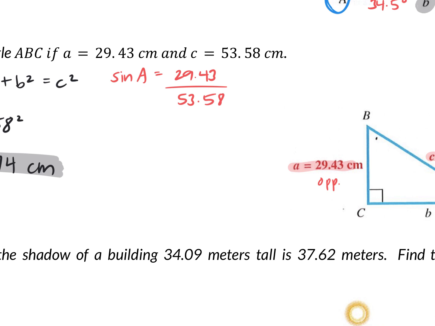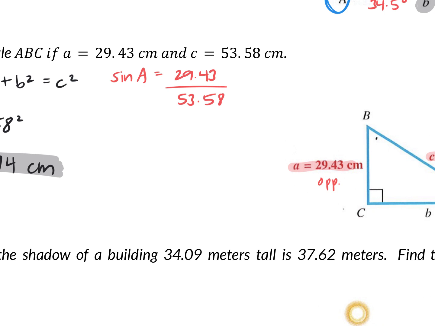Okay, I can't just divide by sine, okay? It's a function. It's a ratio of these two side lengths. So right above sine on your calculator is the sine inverse button. That's the inverse of sine. Just like addition is the inverse of subtraction, subtraction is the inverse of addition. We have to do the inverse operation to get rid of that function.